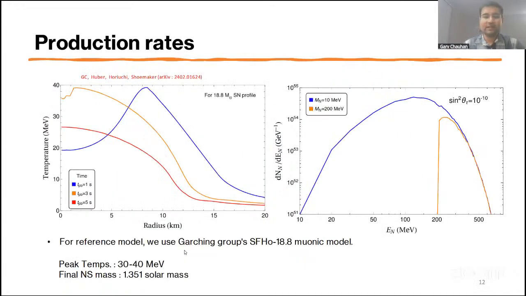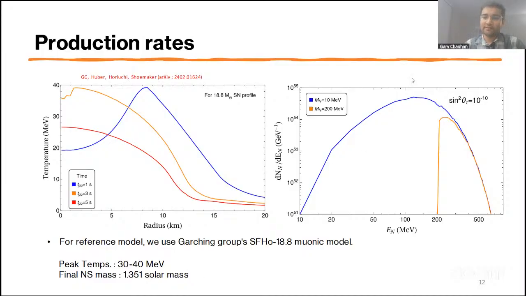So for the production rate, if you take some reference model, for example, we took a 1D simulation from the Garching group, which was an 18.8 solar mass model with peak temperatures of 30 to 40 MeV, as you can see here. The y-axis is the temperature, and the radius is on the x-axis. The final neutron star mass is 1.4 solar mass.